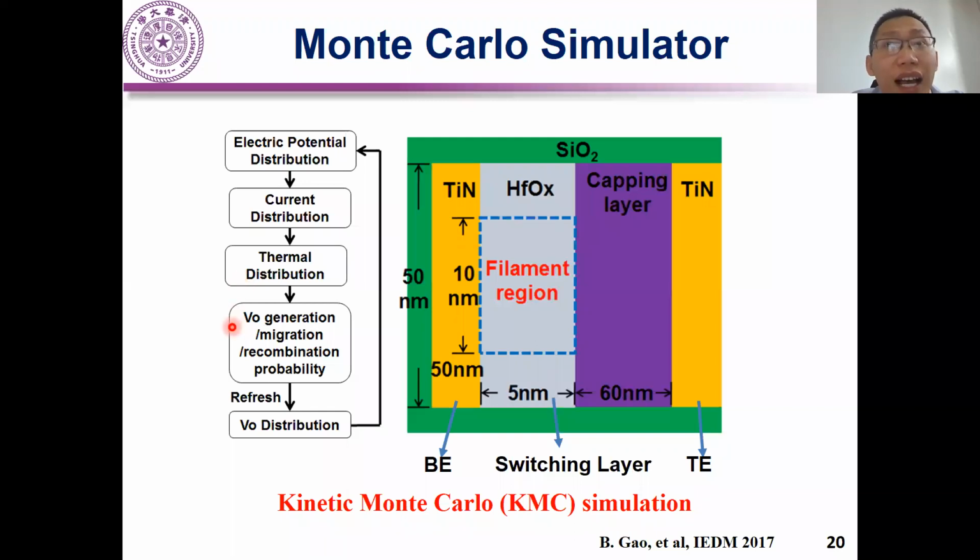After that, we can get the matrix of several probabilities, including the generation, recombination, and migration of oxygen vacancies and oxygen interstitials. Then we can get the vacancy distribution with the Monte Carlo method. And we can repeat this calculation process to get the evolution of the oxygen vacancy distribution.